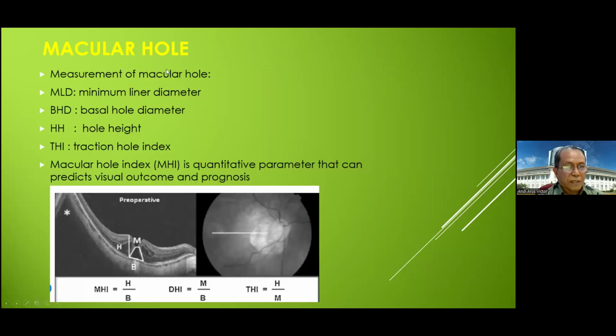Another factor is the importance of measuring the macular hole, because this is important to know the prognosis. The macular hole index is a quantitative parameter that can predict visual outcome and prognosis.